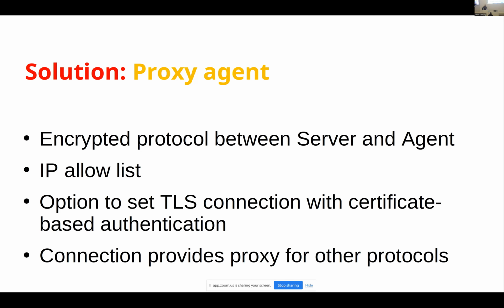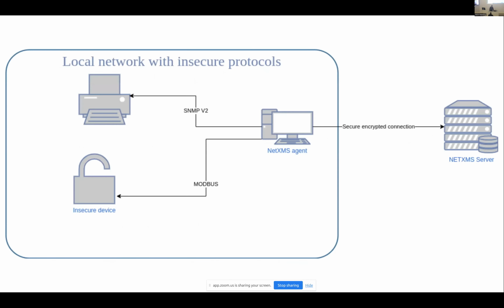So you can have, I don't know, a GSM gateway and an agent behind the GSM gateway, and it can change IP addresses, and it still will work fine. So this is a simple picture: we isolate those insecure protocols within the very local network, and then we use a secure connection to the outside.